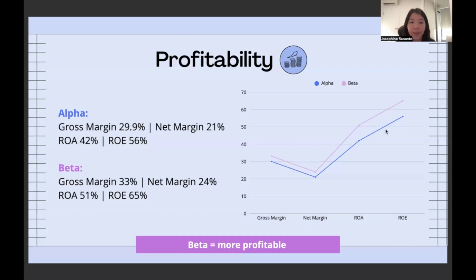Now, profitability. Alpha shows strong margins and returns, but Beta outperforms in every measure: gross margin, net margin, return on assets, and return on equity. Beta clearly generates higher profits, though this comes with higher risks.